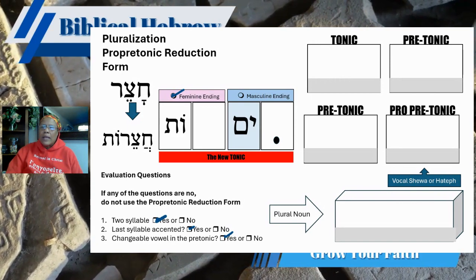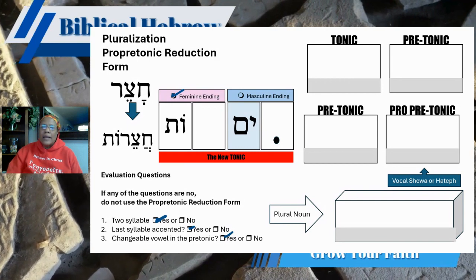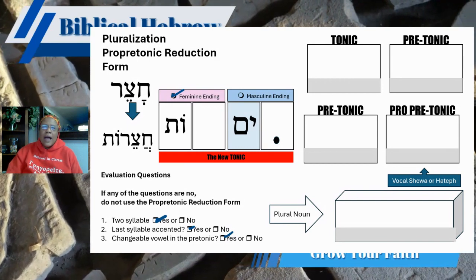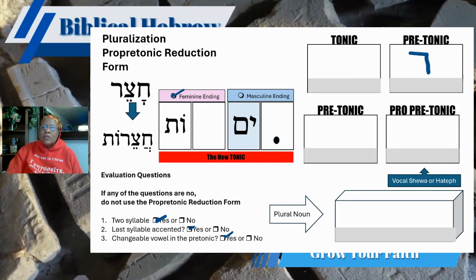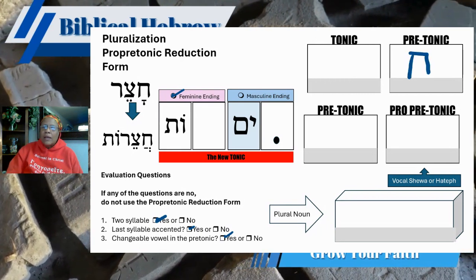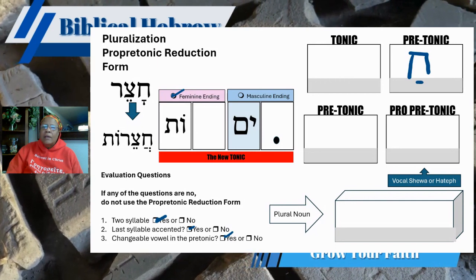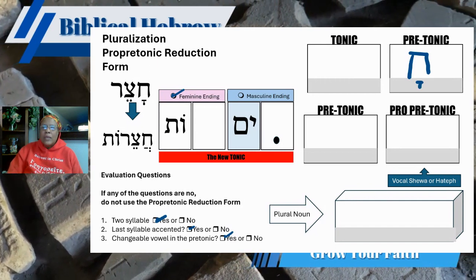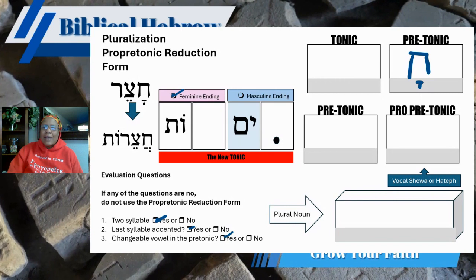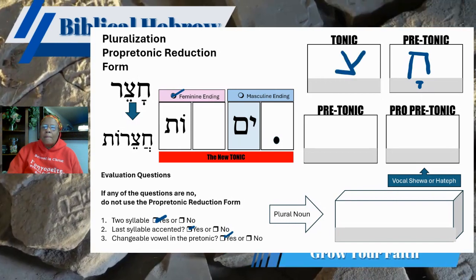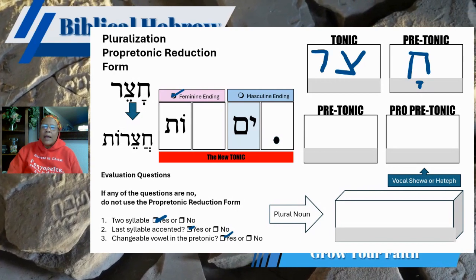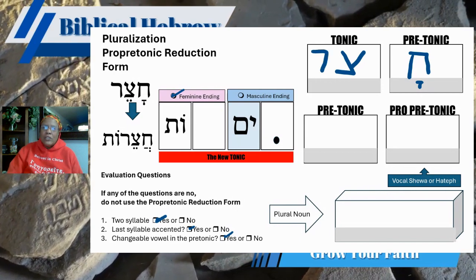Okay, I'm going to go ahead and write the pretonic. Let's say the word again, chaser. So we hear the cha, and then we hear ser, that's the tonic. So I've got the tsadi and the resh.